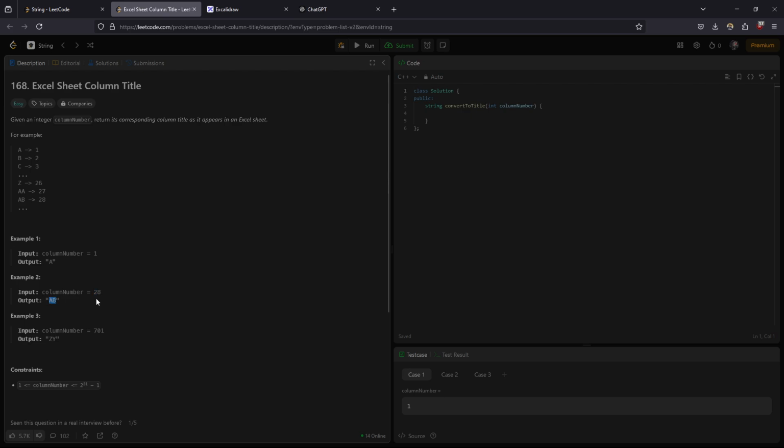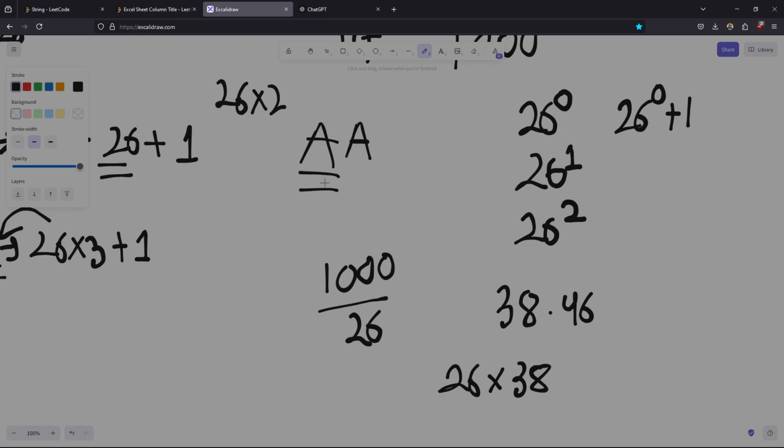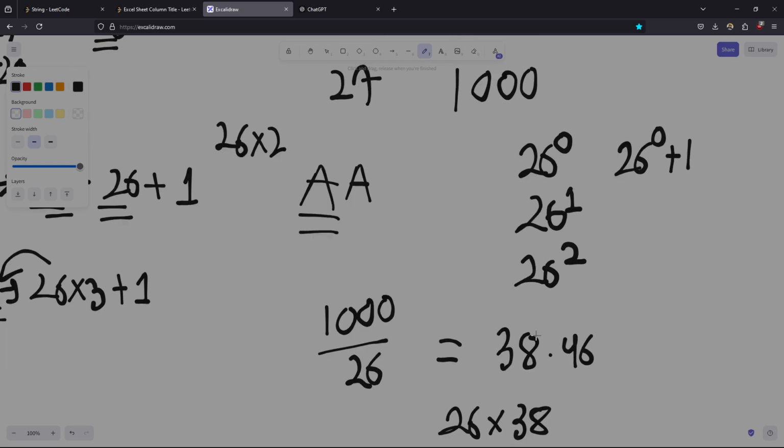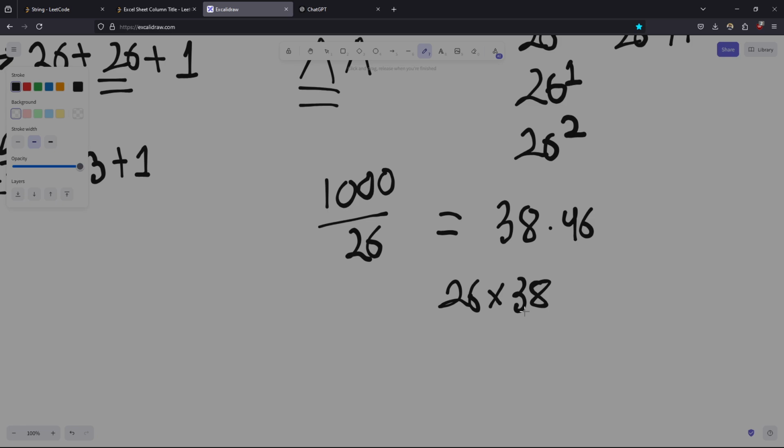For that, we have to first check if we divide 1000 by 26, then the answer will be 38.46, which is 26 into 38.